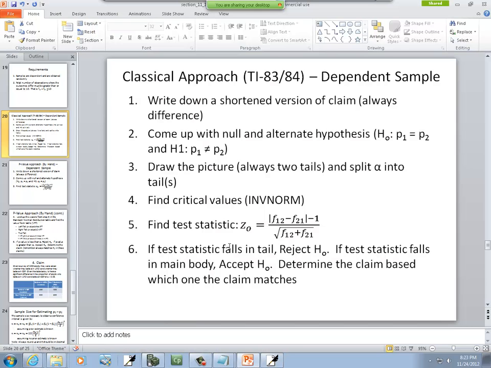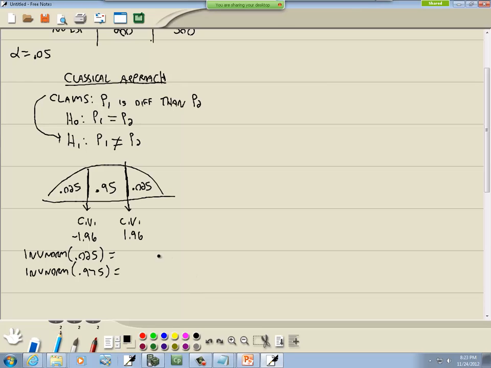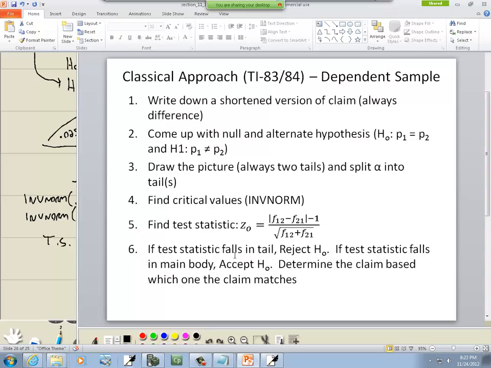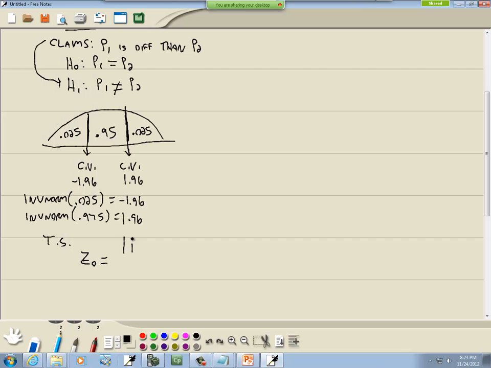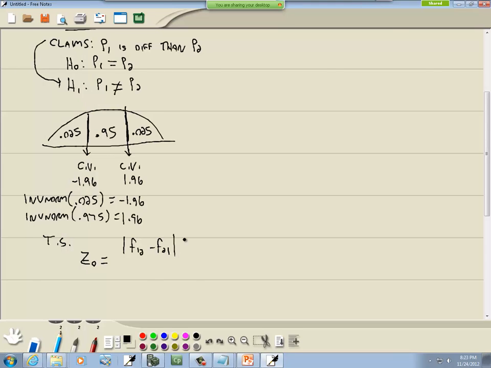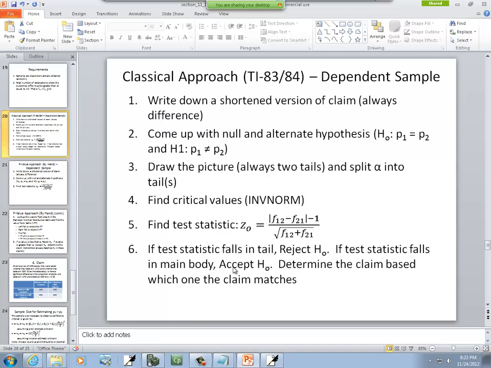Okay, our test statistic. I should have written that down. Negative 1.96 and 1.96. So for our test statistic, we're going to use Z naught is equal to the absolute value of F12 minus F21 minus 1 over the square root of F12 plus F21.